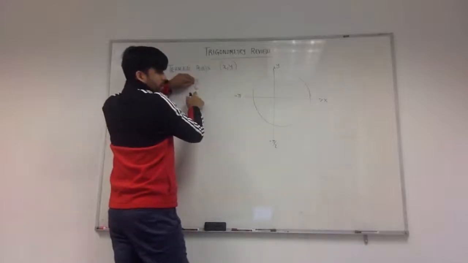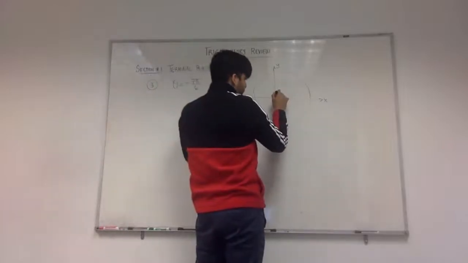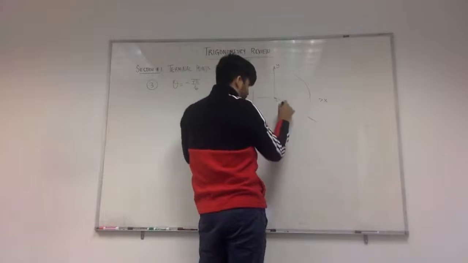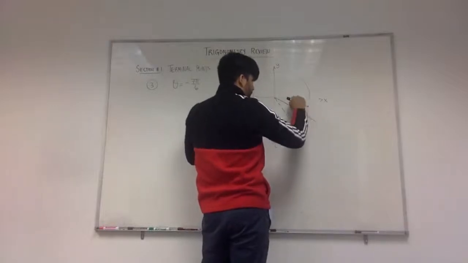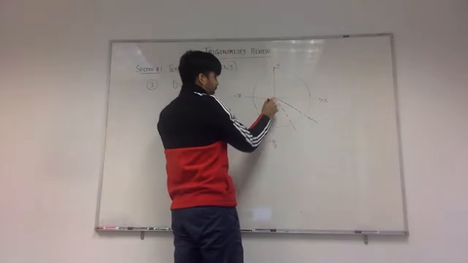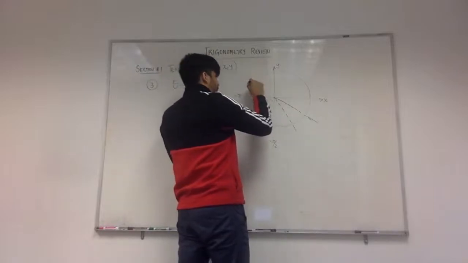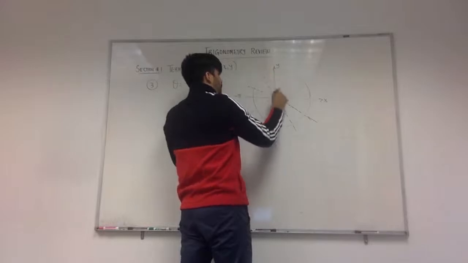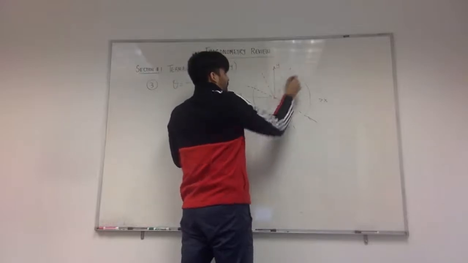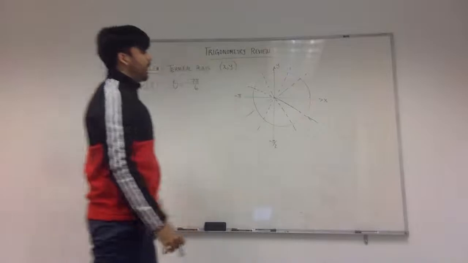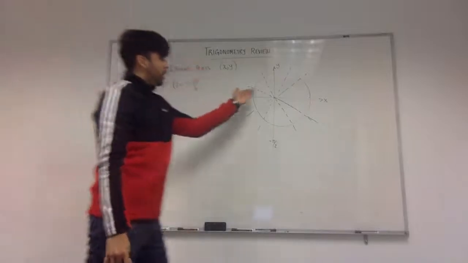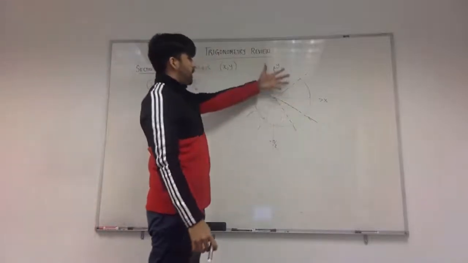I'm dividing it into 6 equal slices. This is 1 slice, 2, 3, 4, 5, 6 slices, on the first half and then the second half.